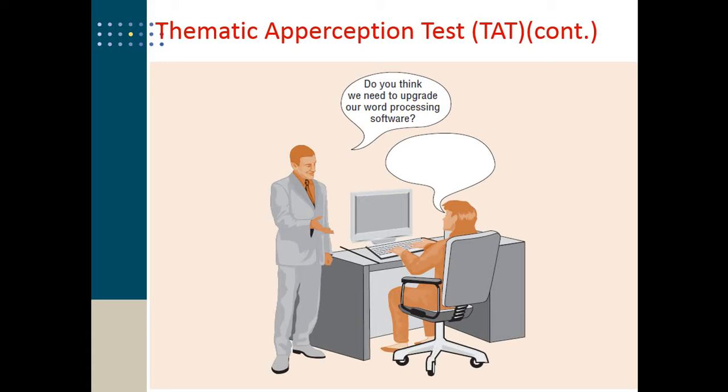For example, do you think we need to upgrade our word processing software? And the person sitting on the chair will be providing an answer. That will give you the respondent's perspective. Advantages are that it's projective, allows getting at sensitive issues, and is flexible. However, it is once again highly dependent on the researcher's interpretation.